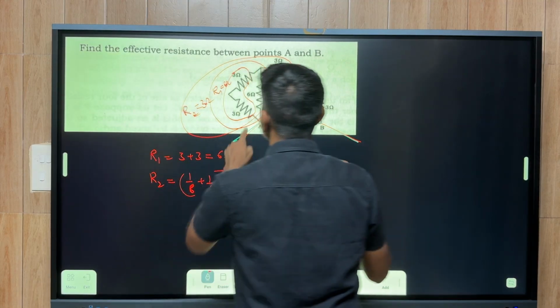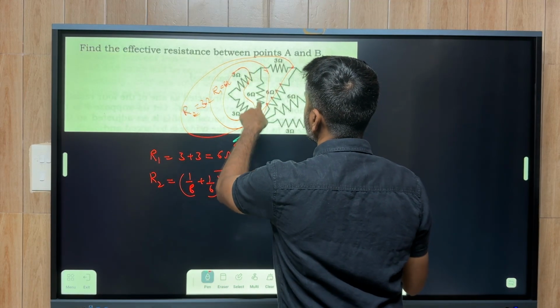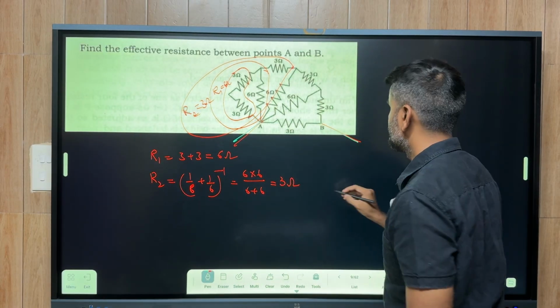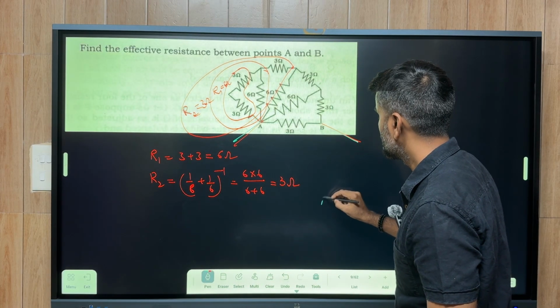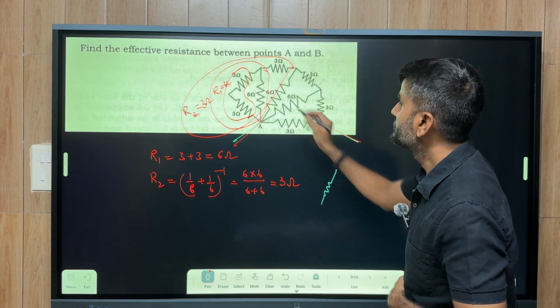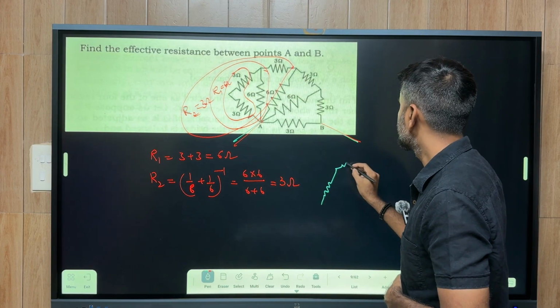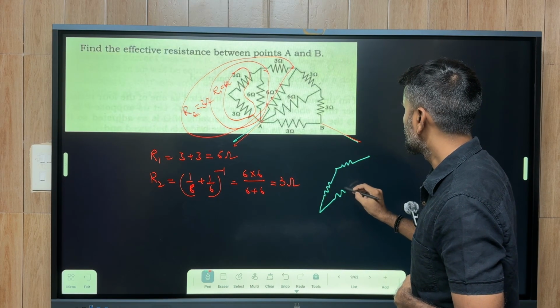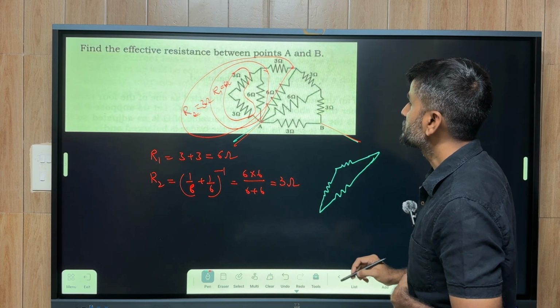I'm going to draw this again. These 3 resistors I'm taking as one single resistance of 3 ohms, as you can see. Here we have 3 ohms, something like this, and here we have one more resistance, which is this one.